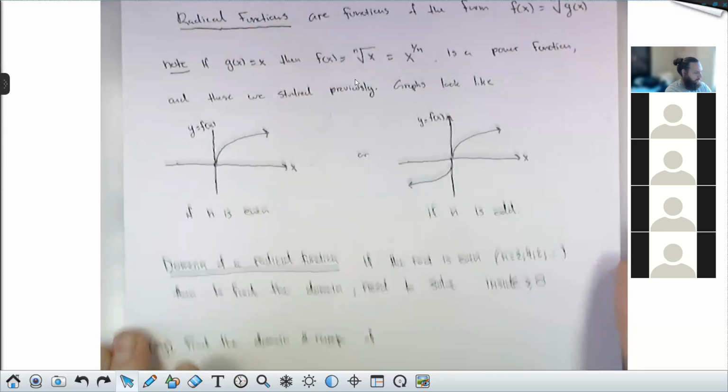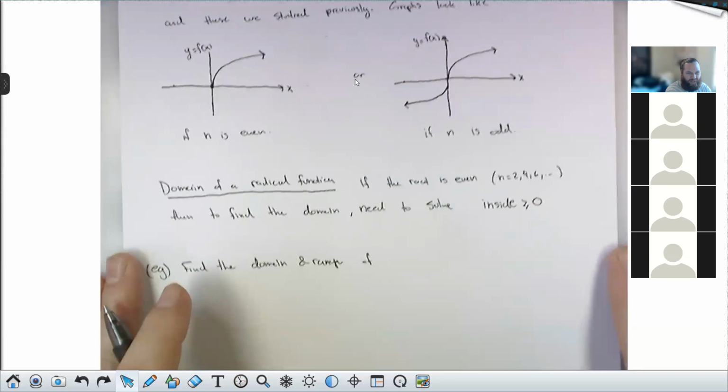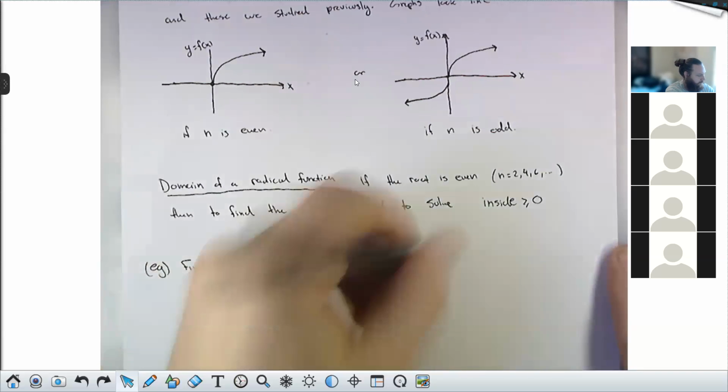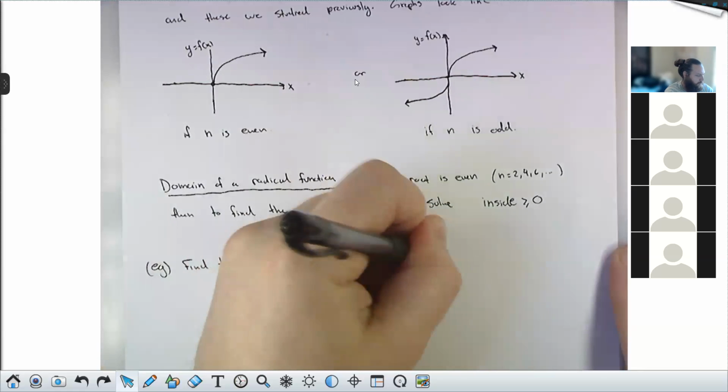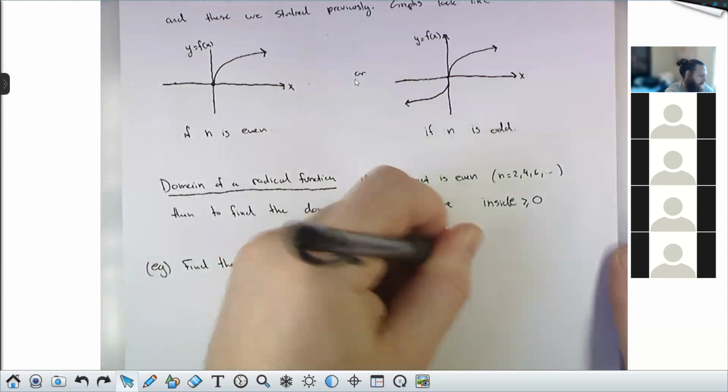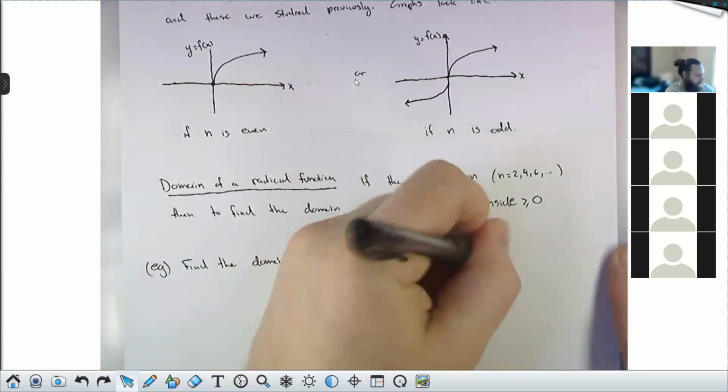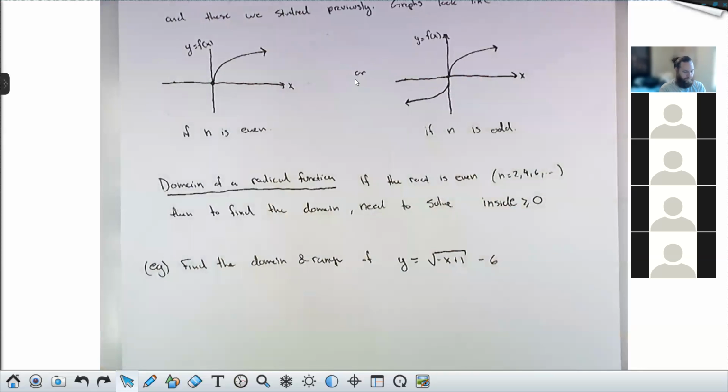Finding domains is relatively easy. To find the range, you need to know the graph. Minus 6, right?